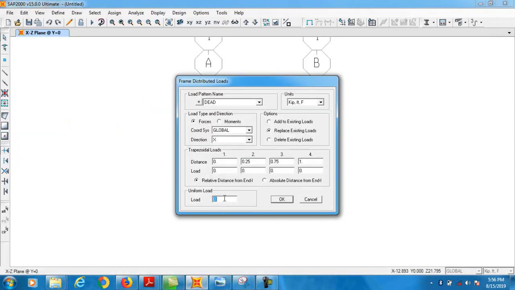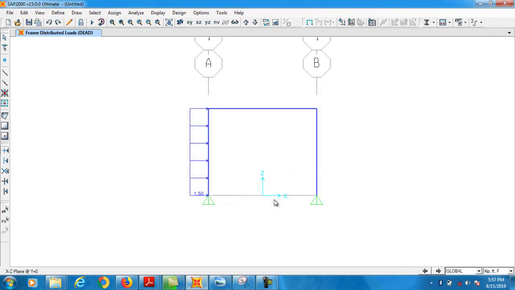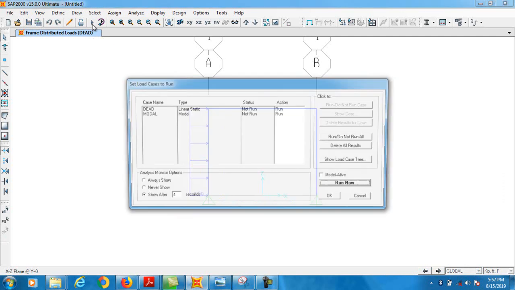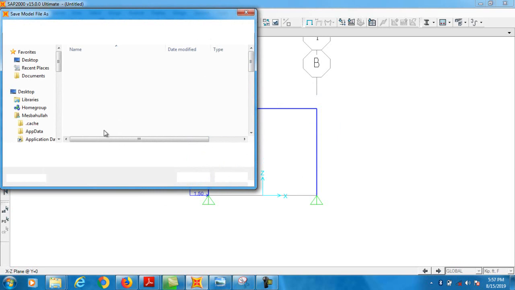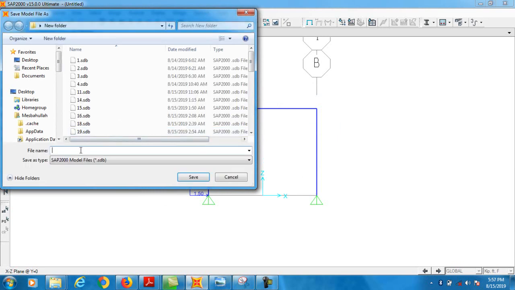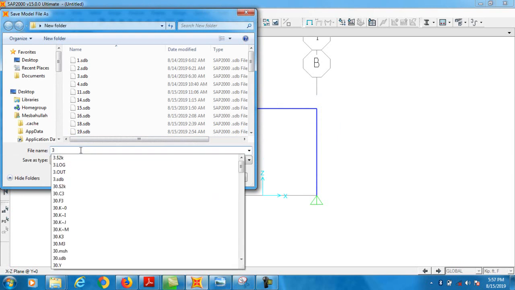And the load is 1.5. You can select this option because we haven't assigned any loading. This is the first loading to this member, so this option will work. Okay, the load is assigned, and you just run the analysis. Save it. This is example number 37. Clear?